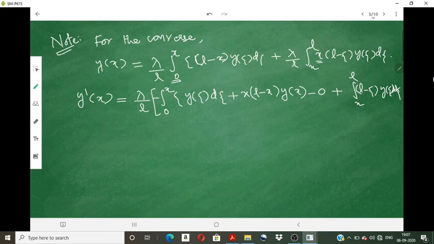So L minus L will come, so that term is 0, minus x, and instead of theta we put the lower limit, so x into L minus x into y of x.